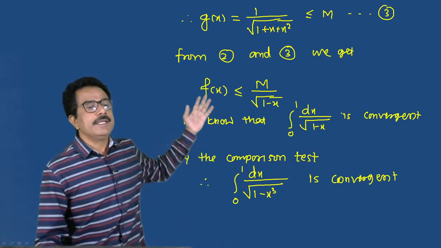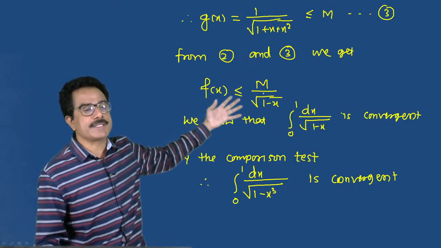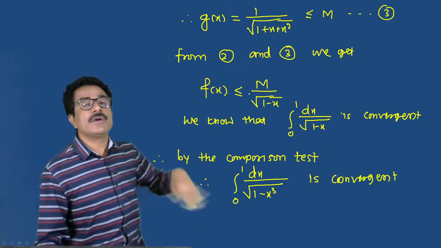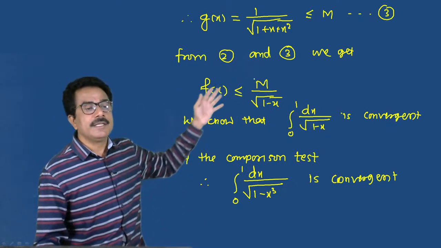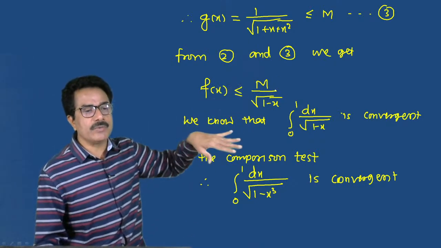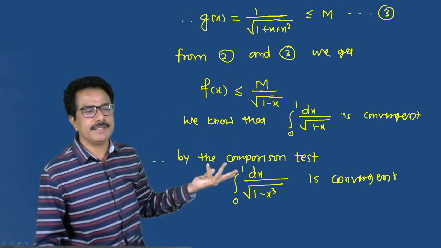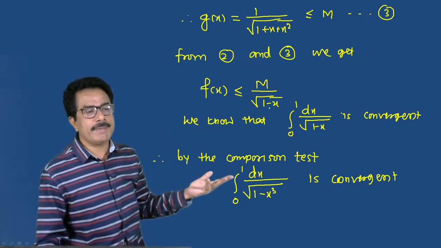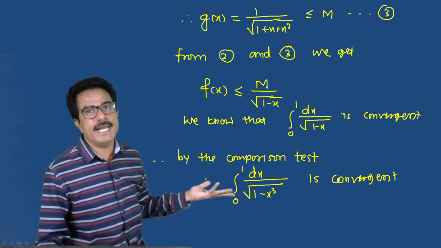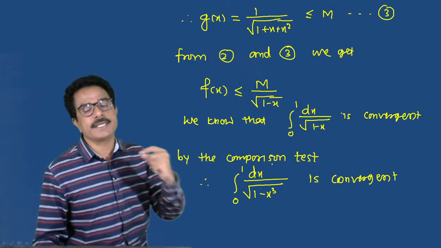You know that suppose f of x is less than or equal to p of x, if the second term is convergent, because f of x is less than the second term, and m is also a real number, the denominator is 1 minus x. If the second term is convergent, then we can say that the given integral is also convergent by the comparison test.